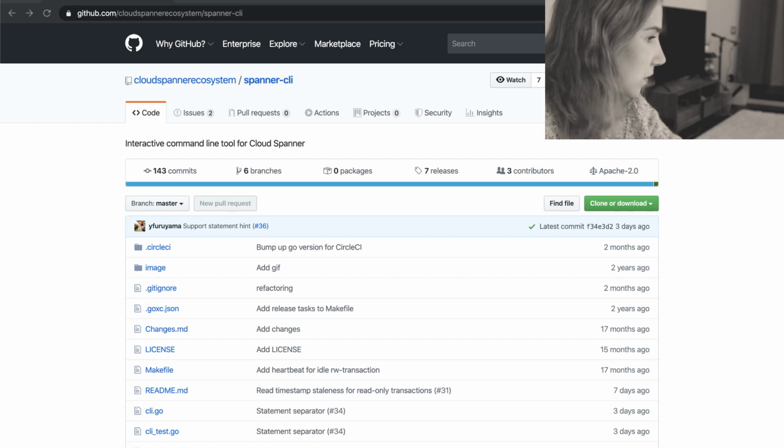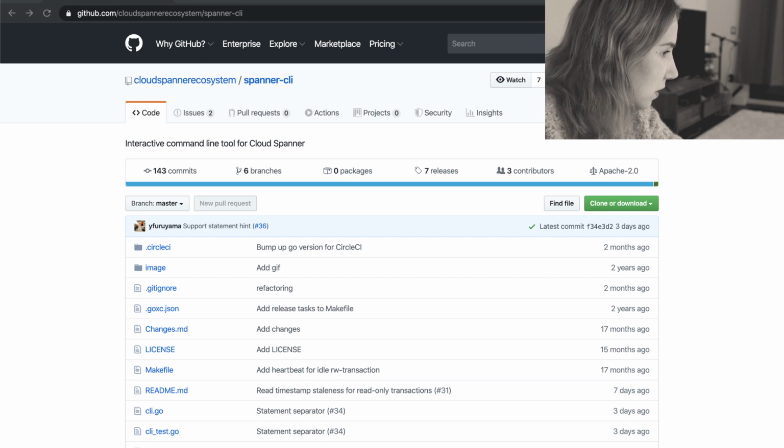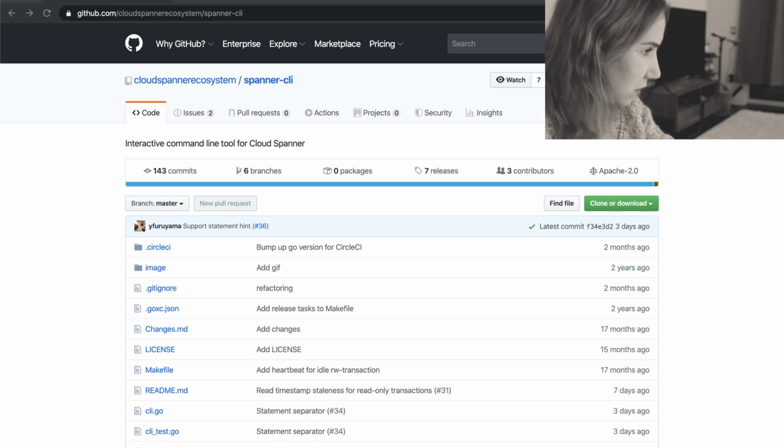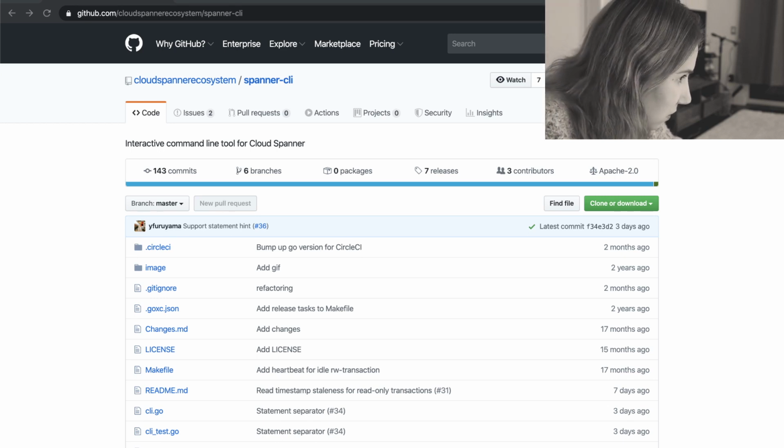When I say it doesn't scale to small companies, I would say it doesn't scale to hobby projects. There are so many small companies that are starting with Spanner. Let me see. They just released an emulator. I just want to take a look at that at some point.